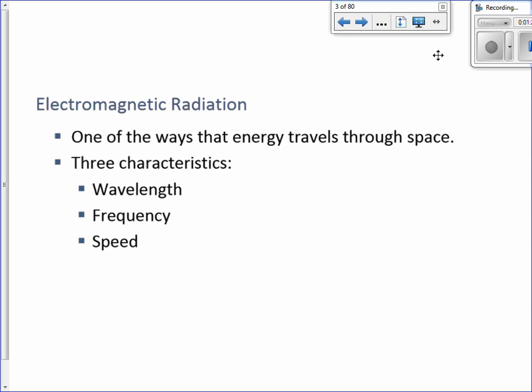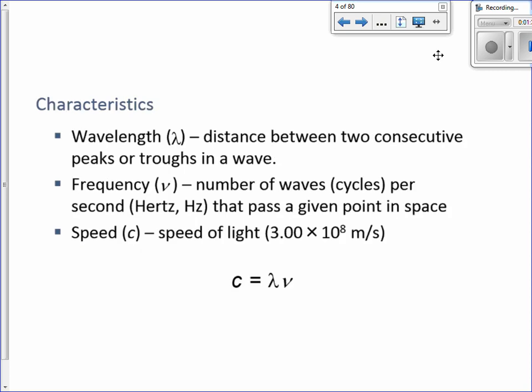Okay? Now, the symbol for wavelength that we use is a Greek symbol. So it's lambda. Right here, it looks like this. It is a lowercase lambda.